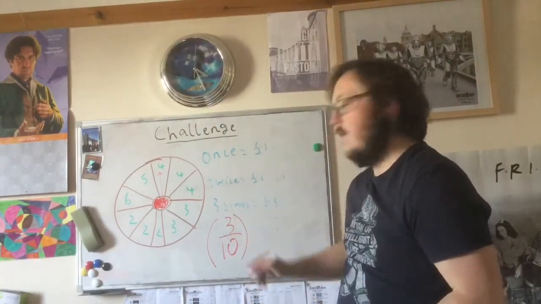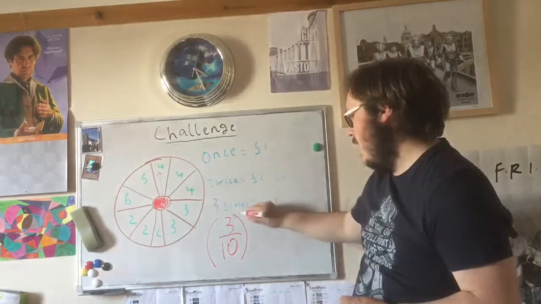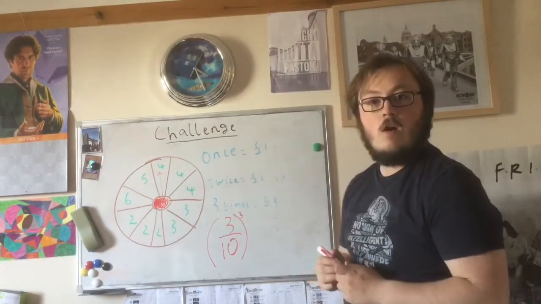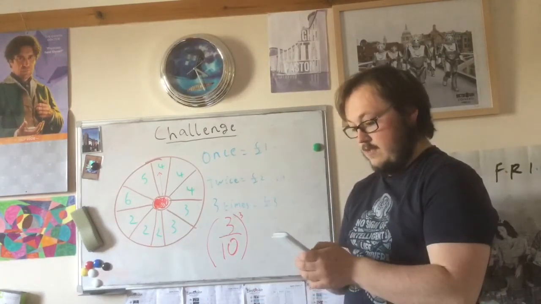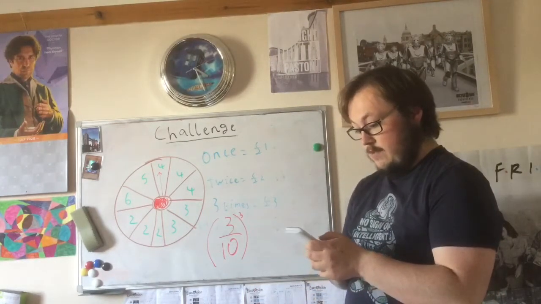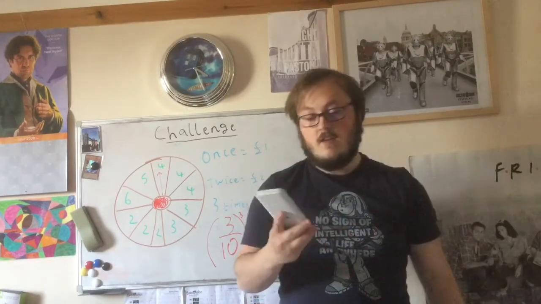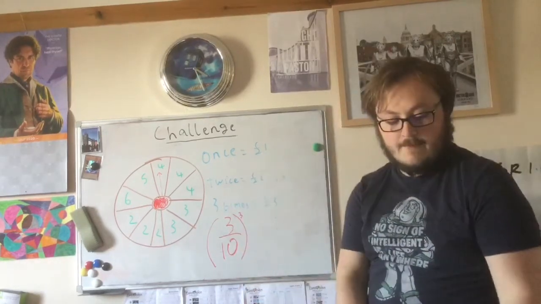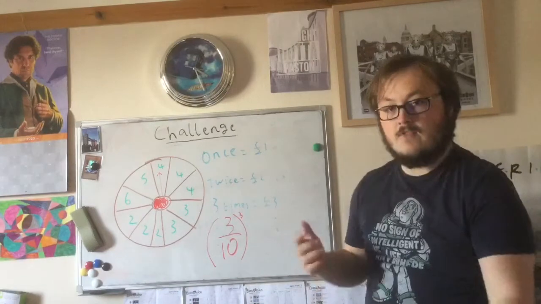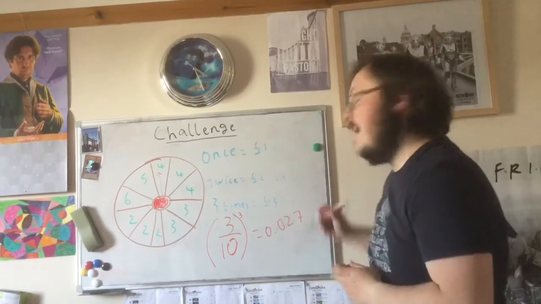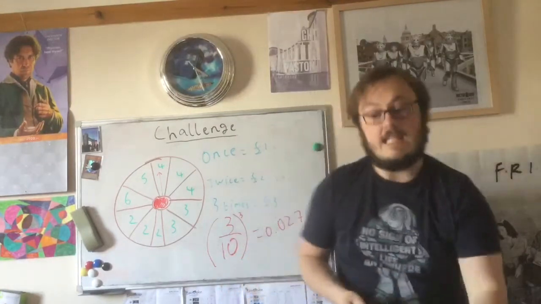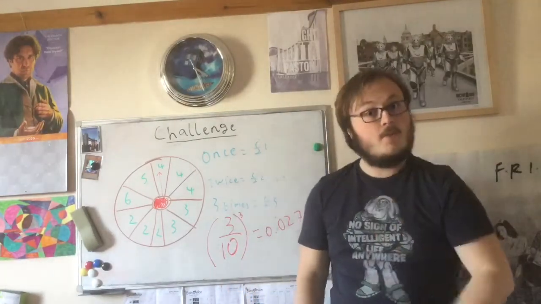So we take our probability and raise it to the power of 3 because we're spinning it 3 times. So we enter it in the calculator, and you will get 0.027 or 27 over 1,000, either way. And that is very tiny. It's quite improbable, but not impossible.